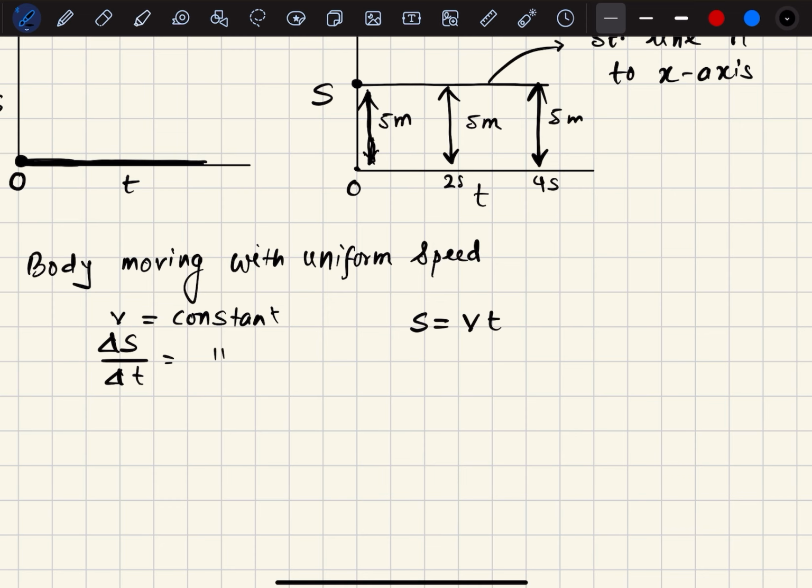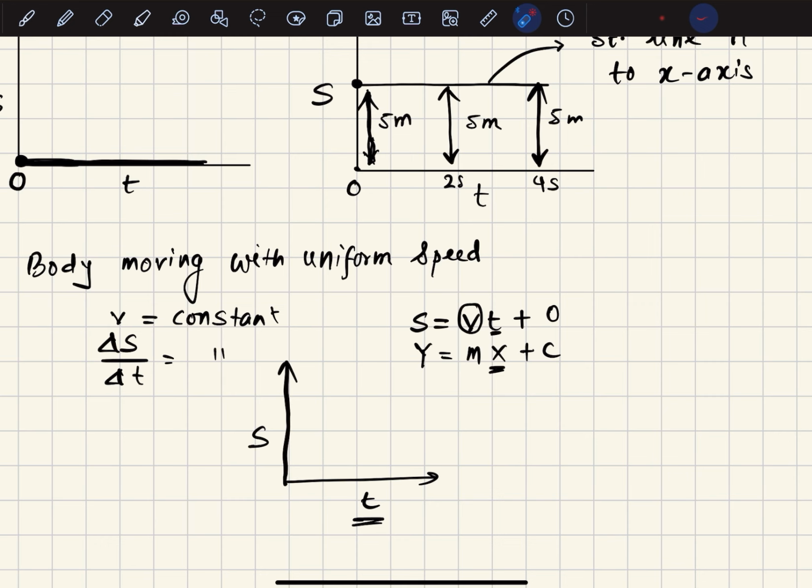Now if I plot distance versus time, this equation can be written as vt plus 0. This is falling in y is equal to mx plus c. Here, as the velocity is constant, on the x-axis there is t, and on the y-axis it is s.